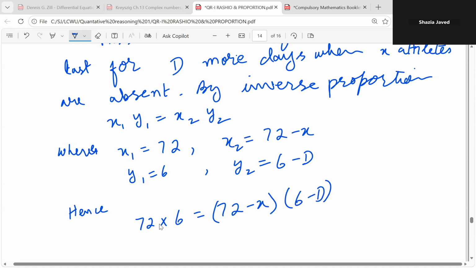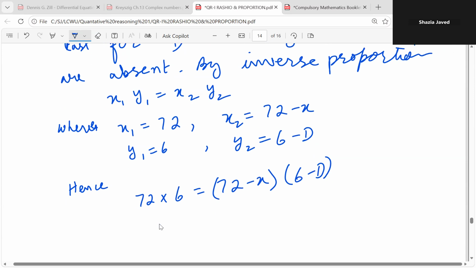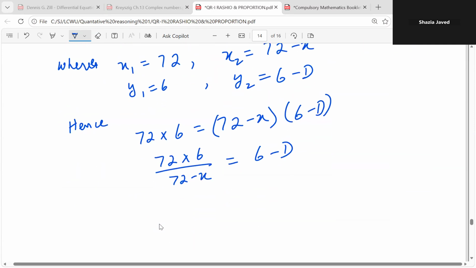From here we have to find a relation for d. By cross multiplication we have 72 multiplied by 6 over 72 minus x is equal to 6 minus d. Now if you take d to the left, we have d plus 72 multiplied by 6 over 72 minus x is equal to 6.